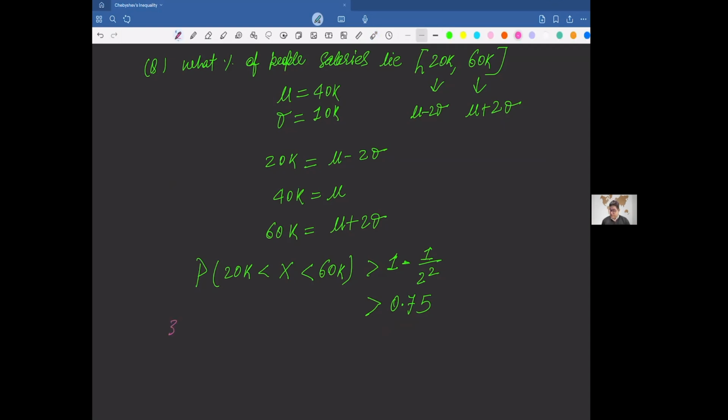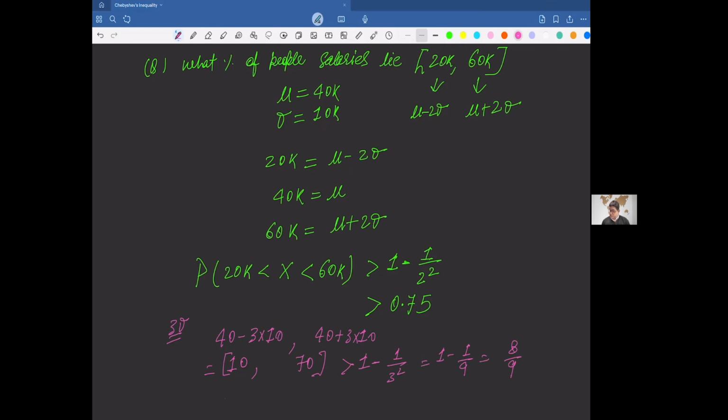Correct? Similarly, for the third standard deviation range, this is 40 minus 3 into 10, that is 3 sigma, and 40 plus 3 into 10. So this is 10 and this is 70. So this is greater than 1 minus 1 by 3 square, which is 1 minus 1 by 9, which is 8 by 9.